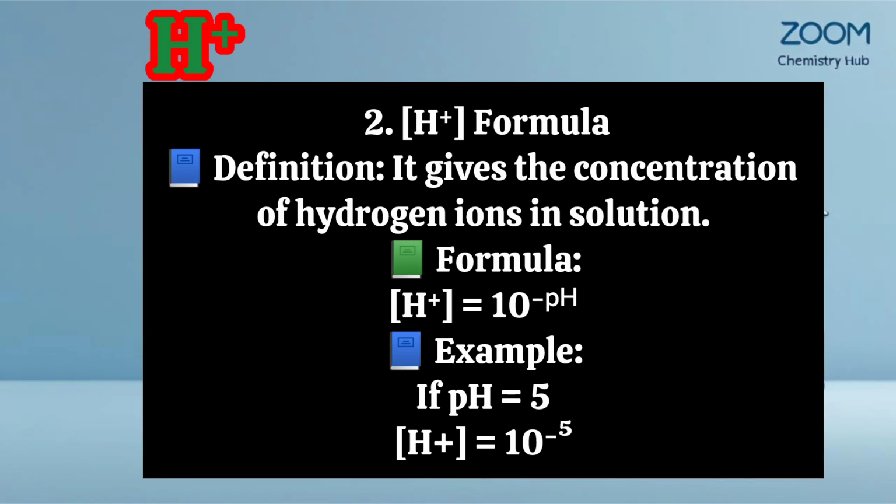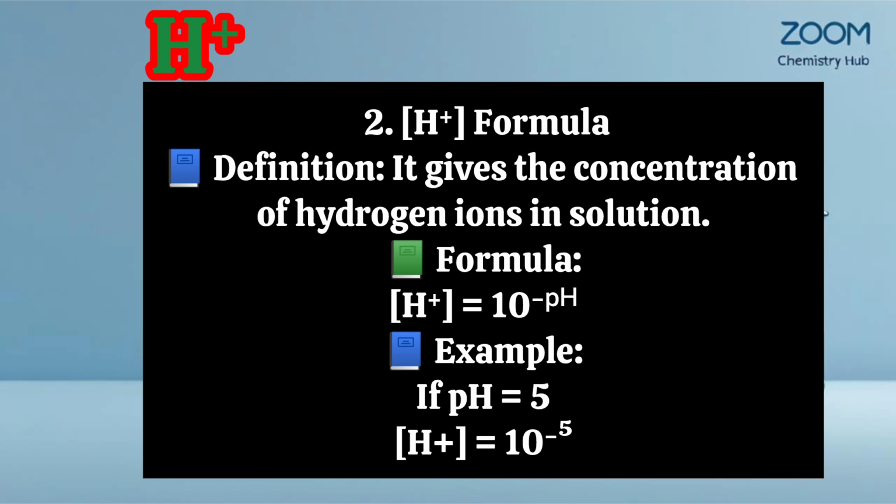Next, hydrogen ion formula. It gives the concentration of hydrogen ion in solution. Formula for hydrogen ion: the hydrogen ion concentration is equal to 10 raised to power minus pH. Example: if we have a pH of 5, then what will be the hydrogen ion concentration of this solution?